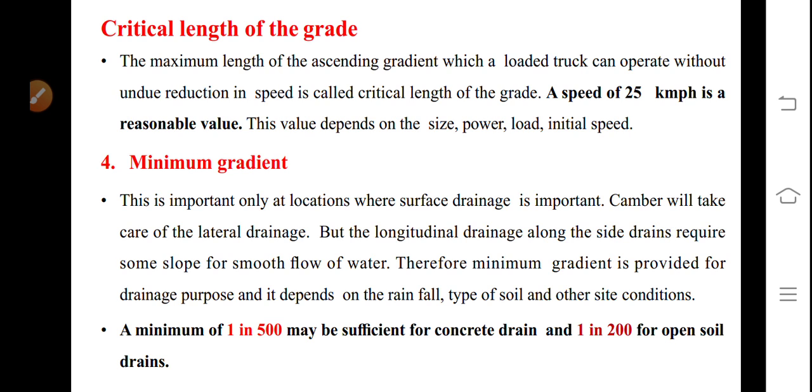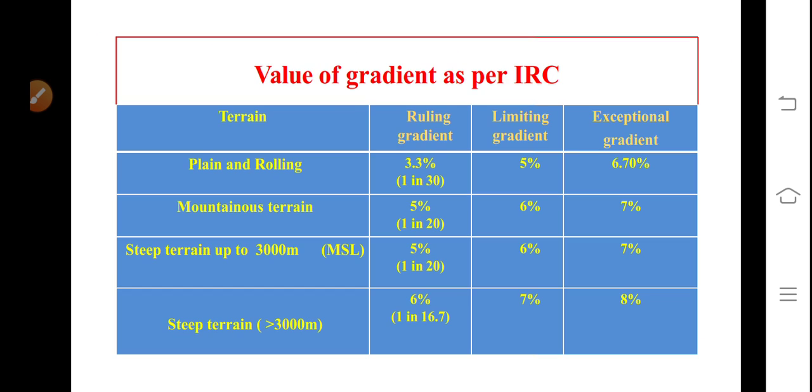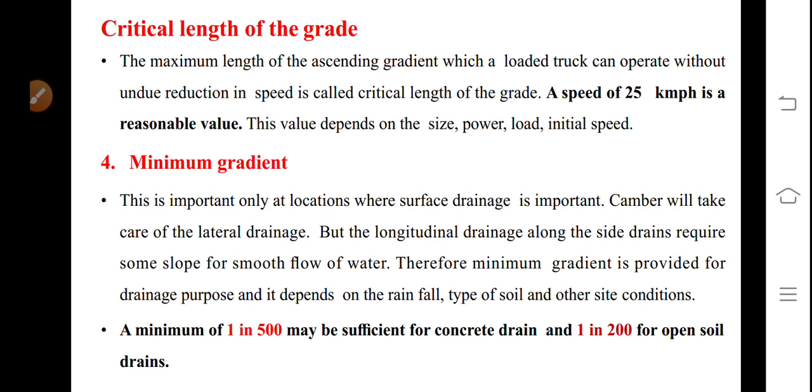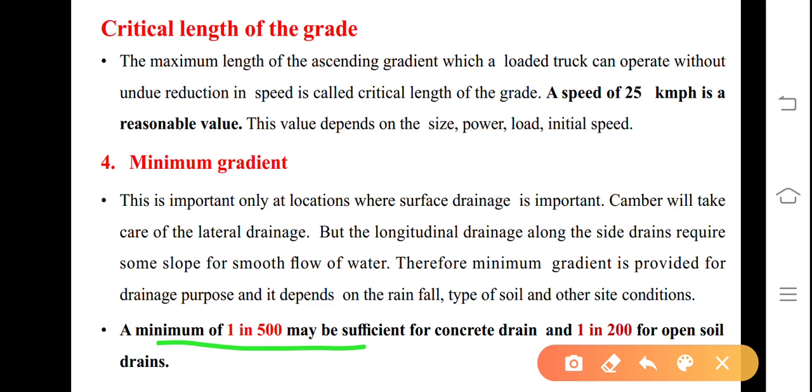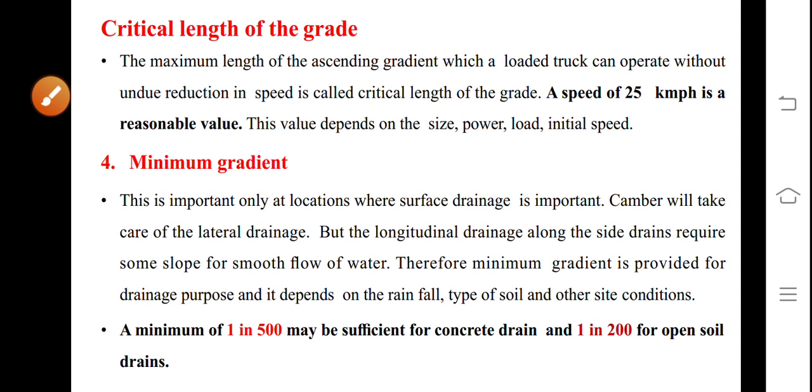Therefore, minimum gradient is provided for drainage purposes, and it depends on the rainfall, type of soil and other site conditions. A minimum of 1 in 500 may be sufficient for concrete drains, and 1 in 200 for open soil drains.